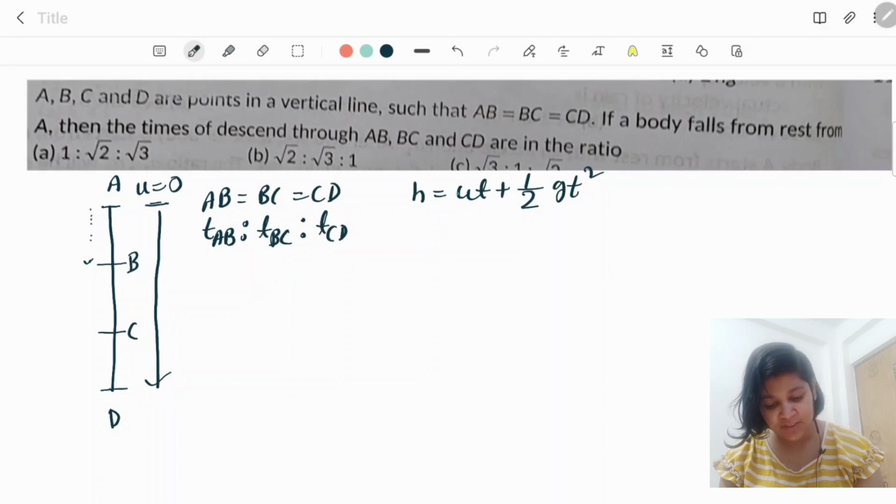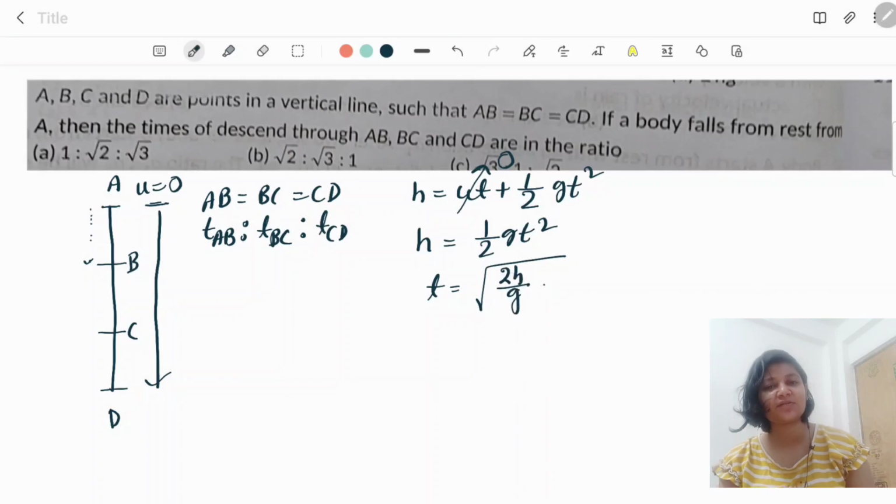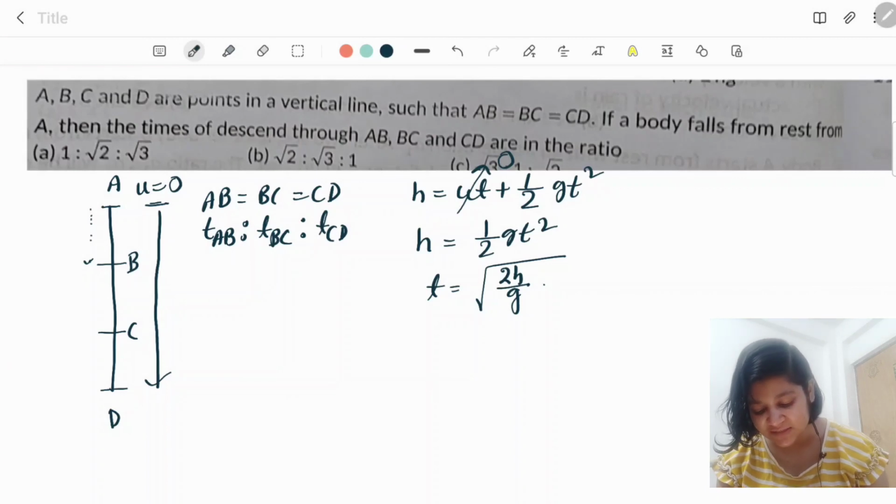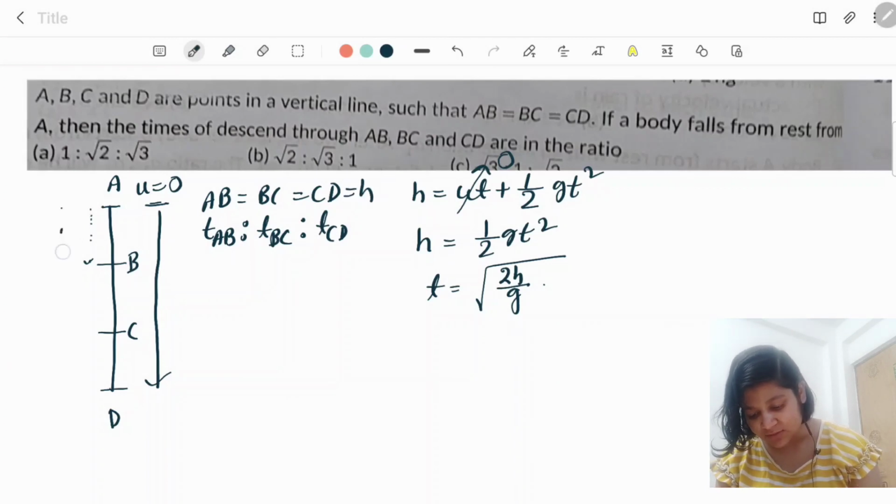Now at this point A, the initial velocity was 0, so this ut term cancels out and h becomes half gt square, or the time taken to travel is root over 2h by g. If you remember, we deduced this equation in the dimensional analysis class. So let me consider all these sectors are equal to h. So the total height is, let us consider 3h, and each of the sectors equals a distance of h.